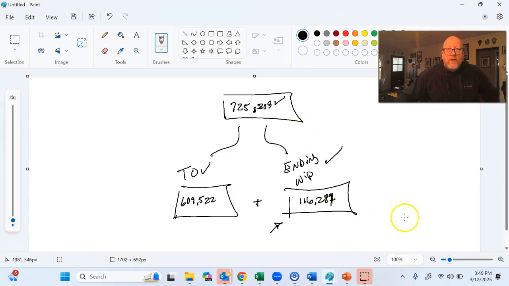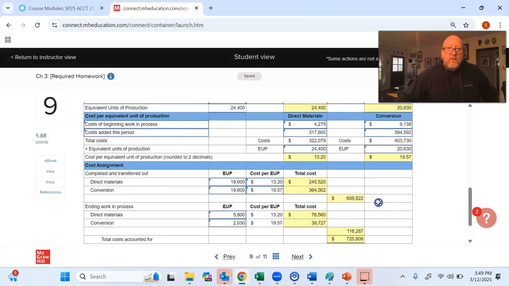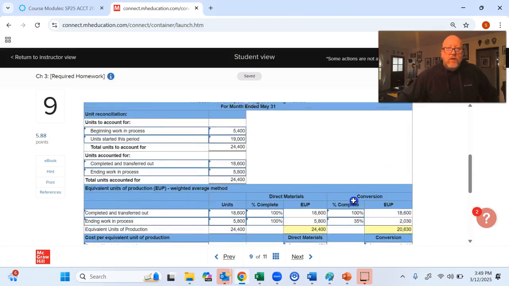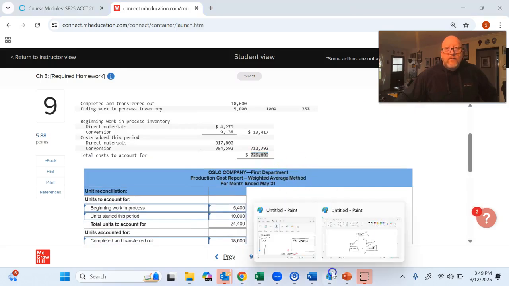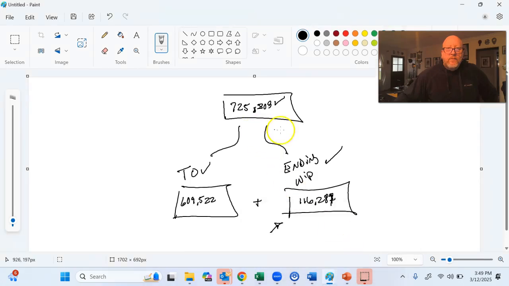Interesting. What did I do wrong here? Okay. All right. Let's work on it together. Let's go back to 609. So the total cost that we are going to account for, 725,809. Let's just be clear that this is 725,809.